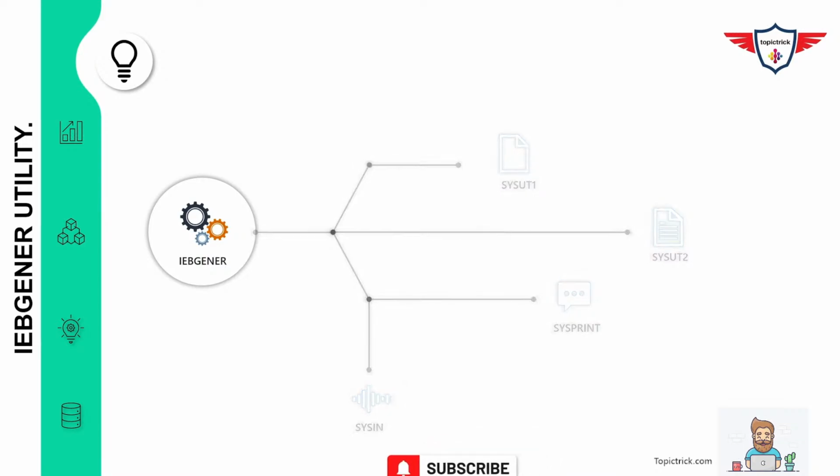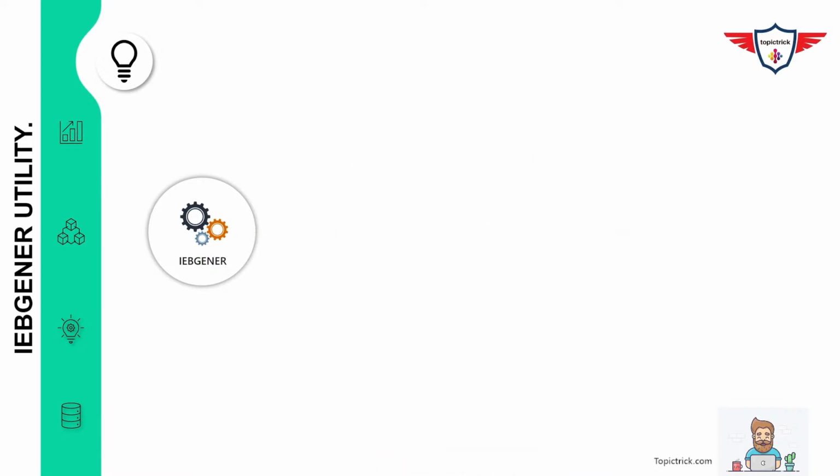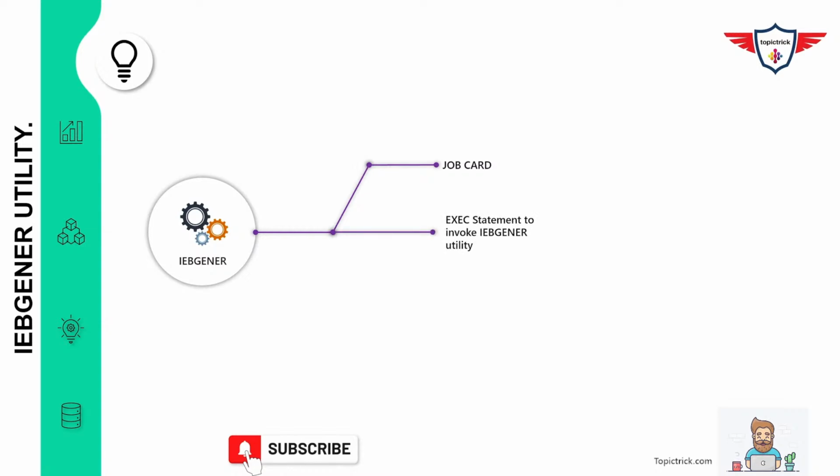Now let's understand the different steps you need in a JCL and how you can invoke the IEBGENER utility with the help of a batch job. To execute IEBGENER from a batch job, you need three kinds of control statements. The first is a job card, which provides all the information related to your shop.